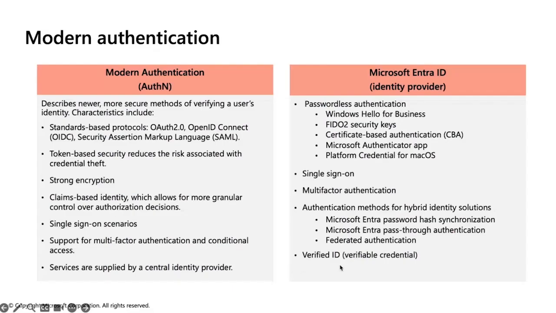But apart from that, we have verified identity. Now, this is something becoming very popular these days in the IT industry. Here is how it looks. For example, in the real world, if you want to travel to another country, how do you prove that you are the person?